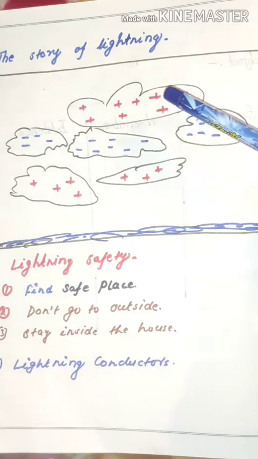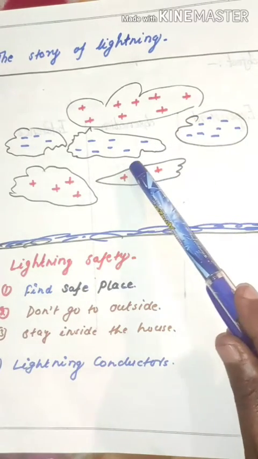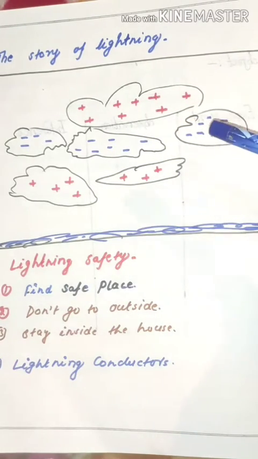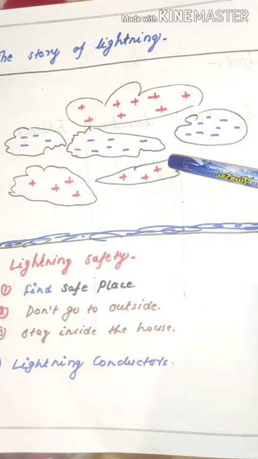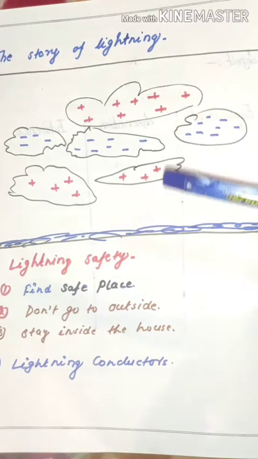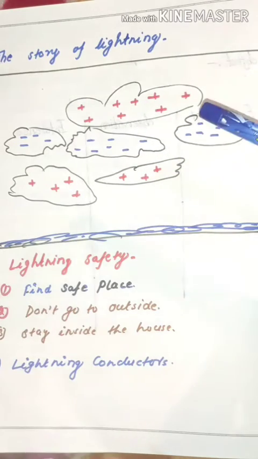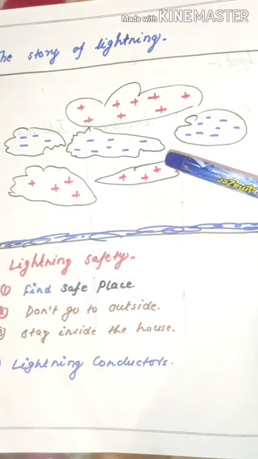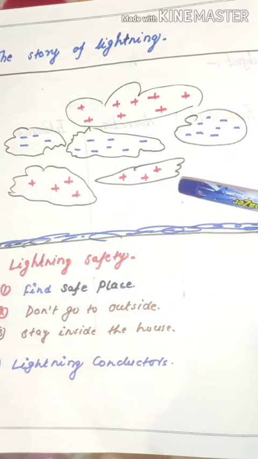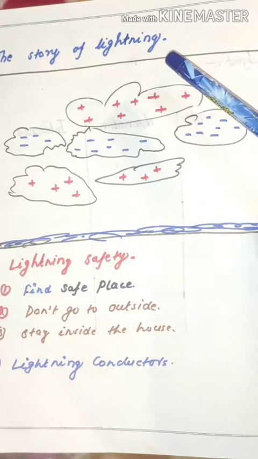In between the positive charges there will be negative charge, and when the concentration of positive and negative charge becomes very high, they will strike each other and produce light and sound, which is called lightning.